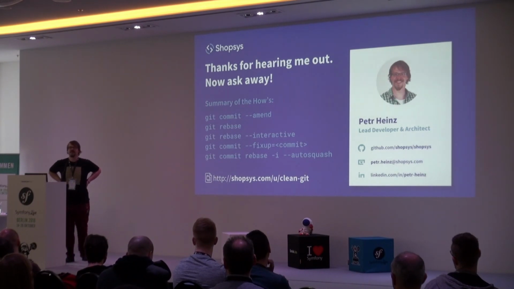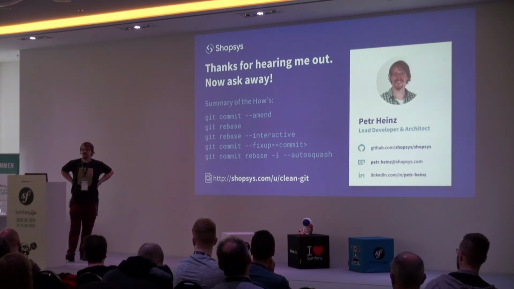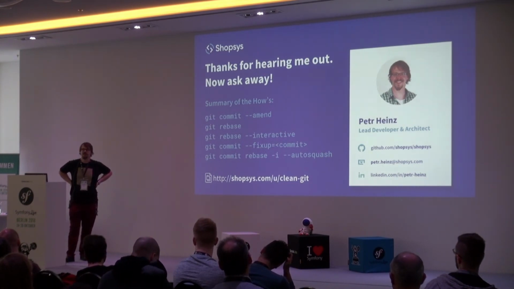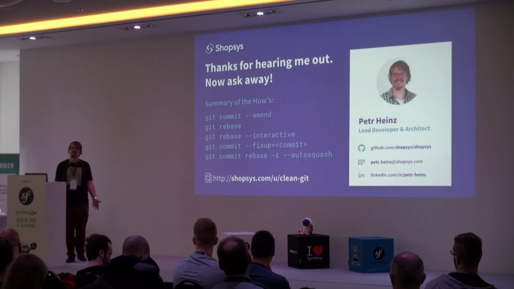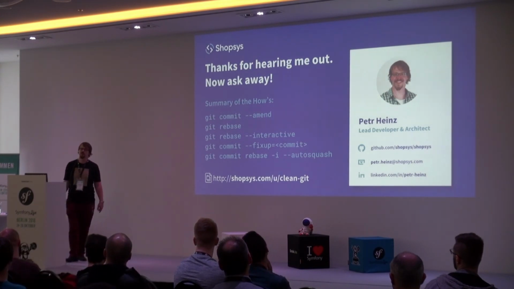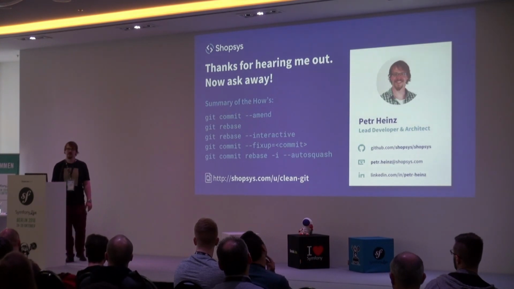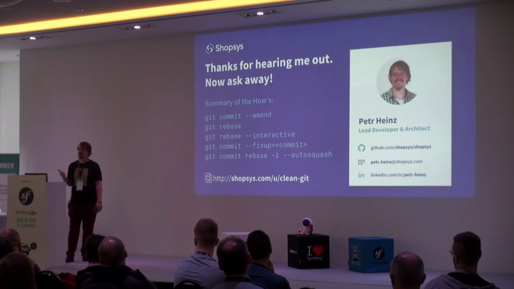I understand the question. There is no real time frame. You can really redo anything in your Git history, but after you push it, then change the history, you will have to use the force push. And there are some downsides to that.